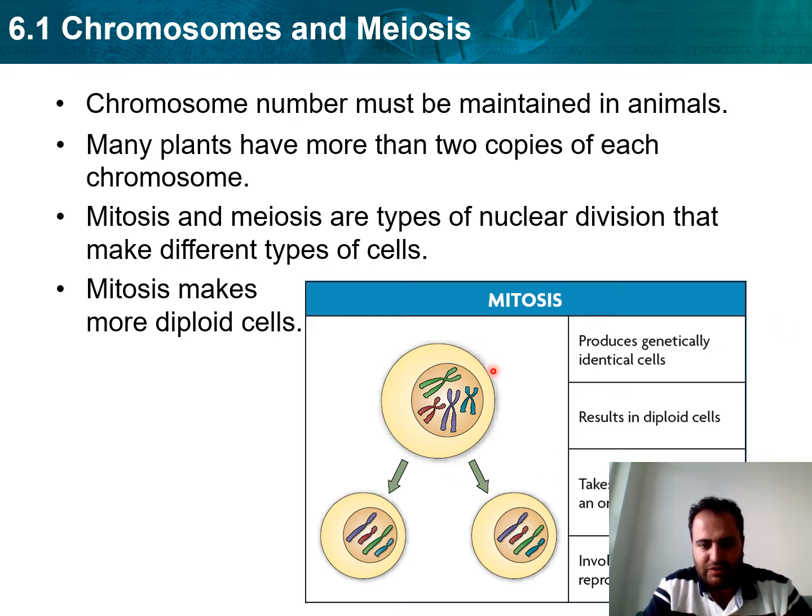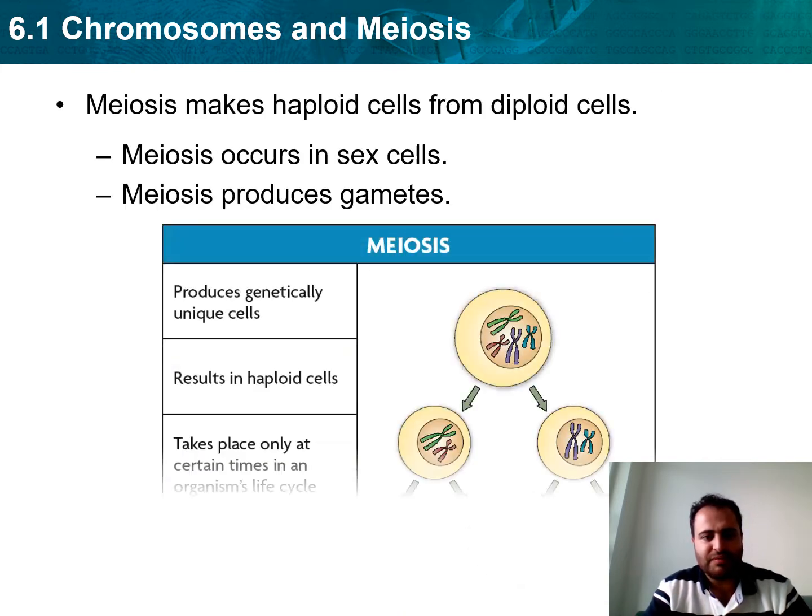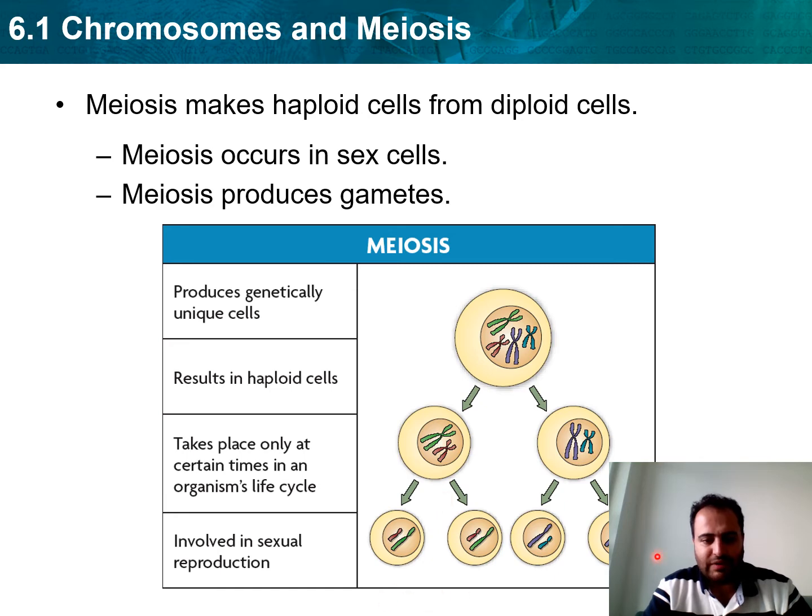So as you know, mitosis produces cells that are identical and they have the same number of chromosomes, same genetic information, unless there are mutations. Whereas meiosis produces 4 haploid cells that are not the same. So does this process continue furthermore? It's not going to continue.